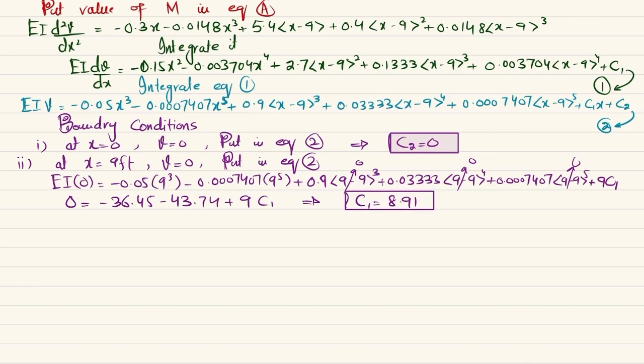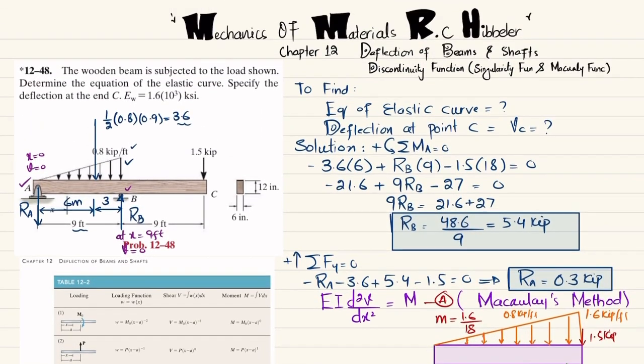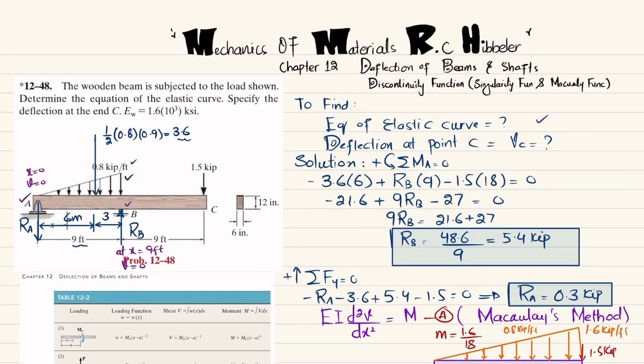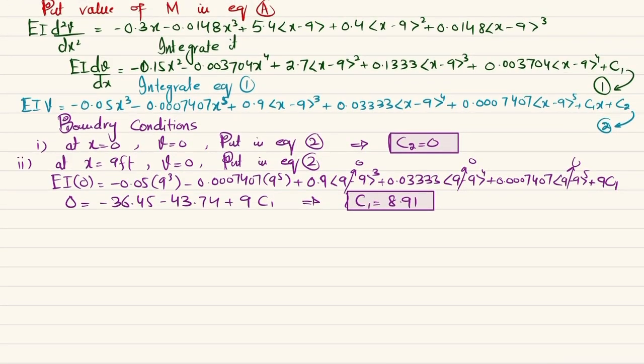Now you have C1 equal to 8.91, and what we have been asked to find is the equation of the elastic curve and the deflection at point C. So we put the values of C1 and C2 in equation 2, and divide by EI on both sides to get the equation of the elastic curve.